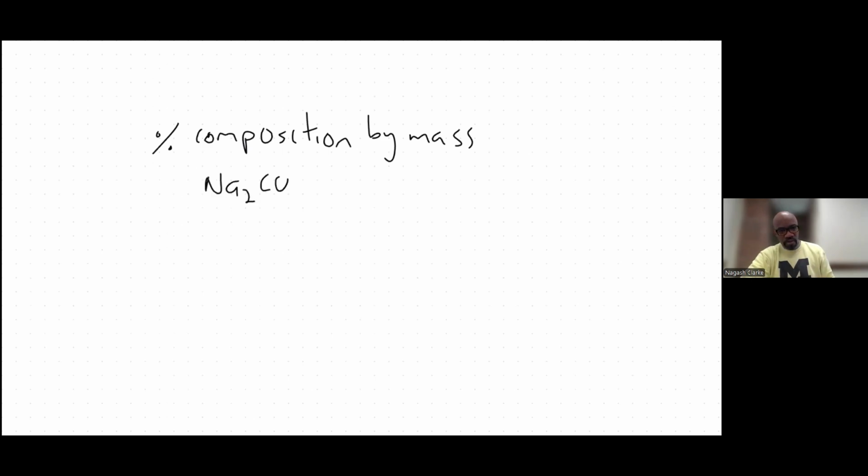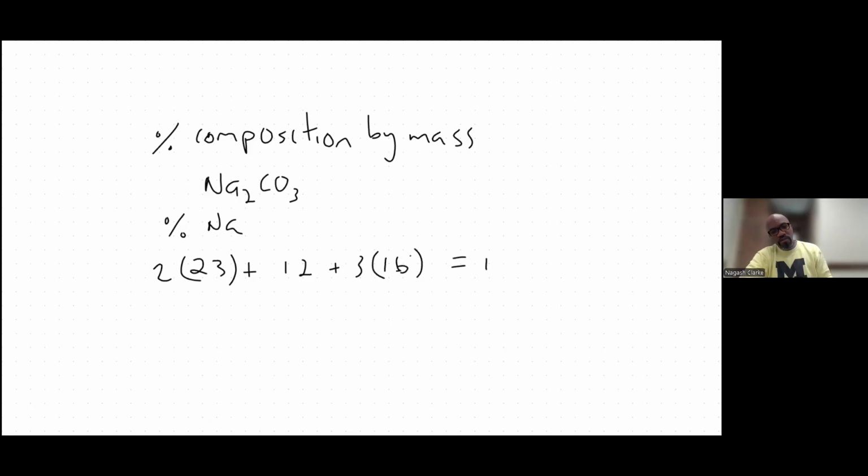We want to find the percent of sodium. So first, we have to find the molar mass of sodium carbonate. Sodium is 23, and there are 2 of those, plus 12 for carbon, plus 3 times 16 for the oxygens, for a total of 106 grams per mole.